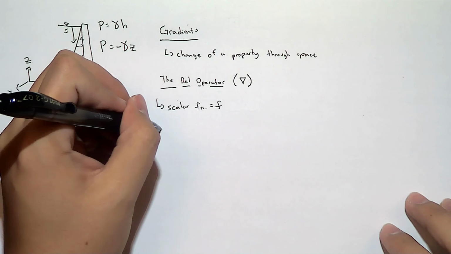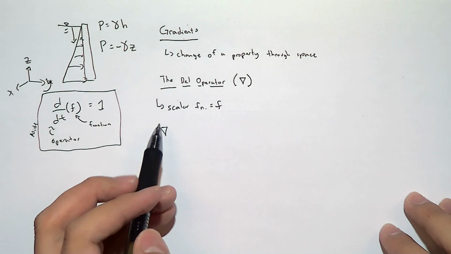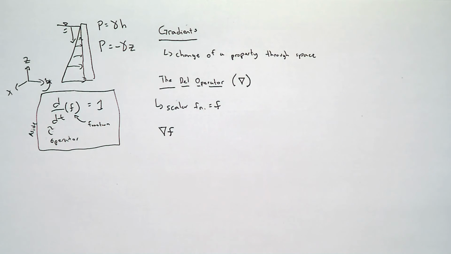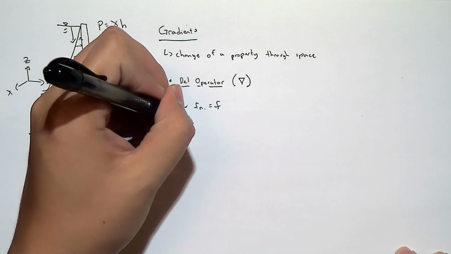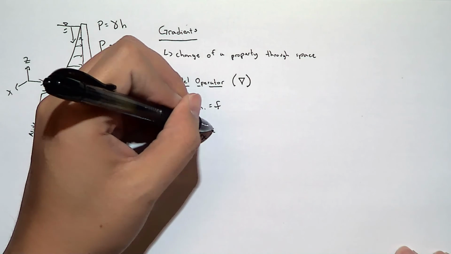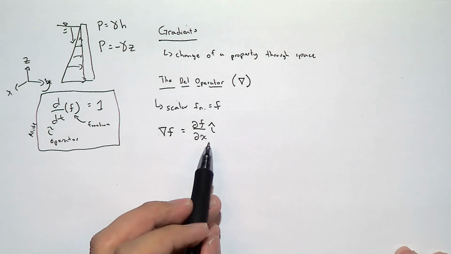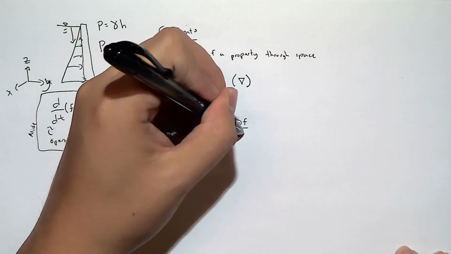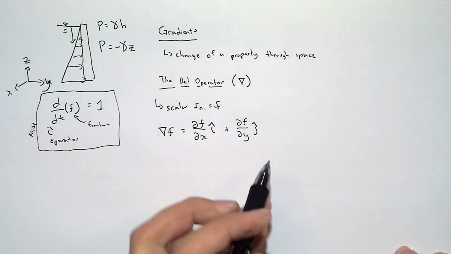If I were to take the gradient of f, in other words, apply the del operator to my function f, the result will look as follows. You would have the partial derivative of f with respect to x in the x direction, plus the partial derivative of f with respect to y in the y direction.